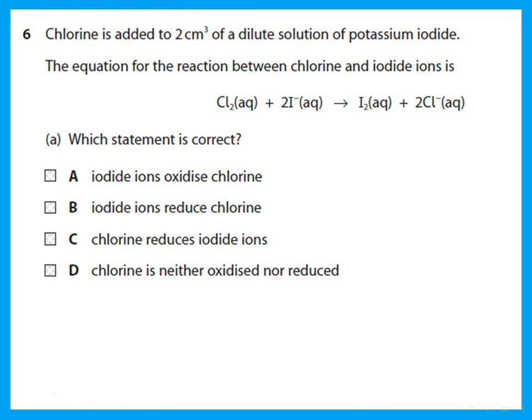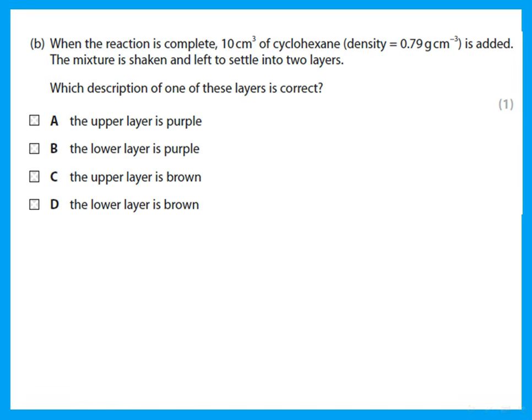Iodide changes to iodine, that loses electrons, so the iodide is oxidized. Now whatever is oxidized reduces the other one, and whatever is reduced oxidizes the other one. So actually the iodide ions become oxidized, and that means they will reduce the chlorine atoms.